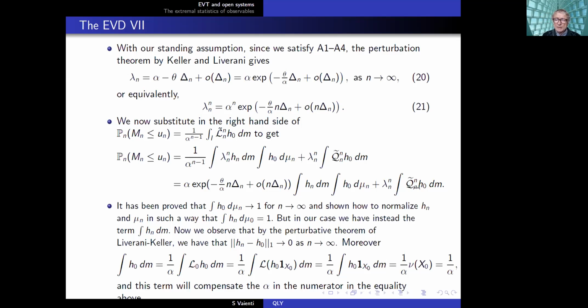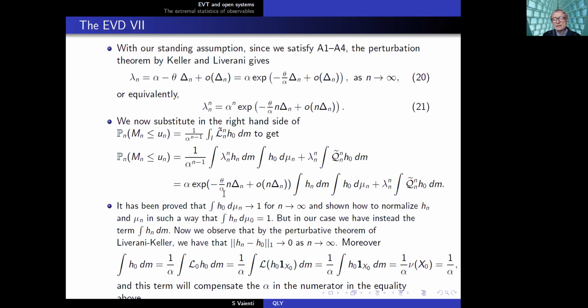This one will disappear because the spectral radius of this operator Qn kills lambda to the power n here, as is written somewhere later on. What is left is this object here. These two quantities go to 1 for some reasons which are explained here, and what is left is this quantity here, which is the most important for us.